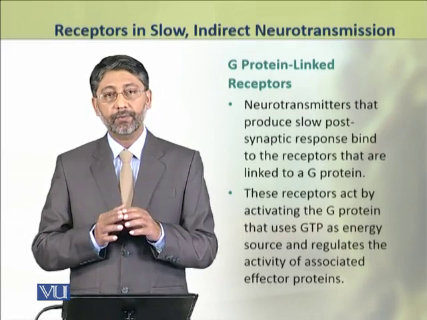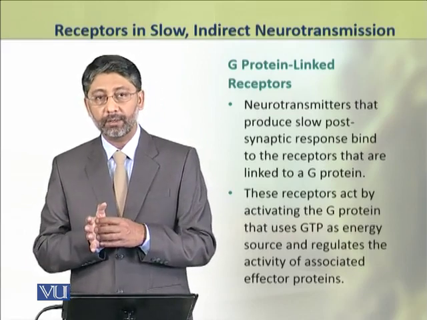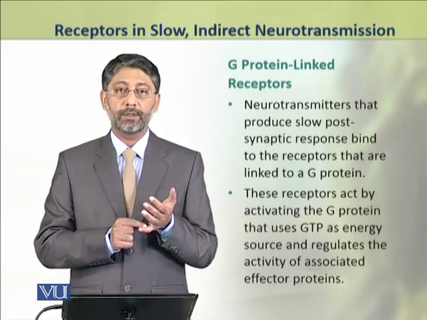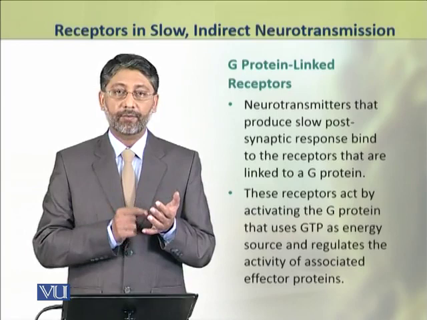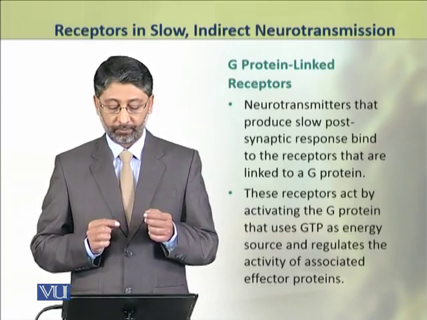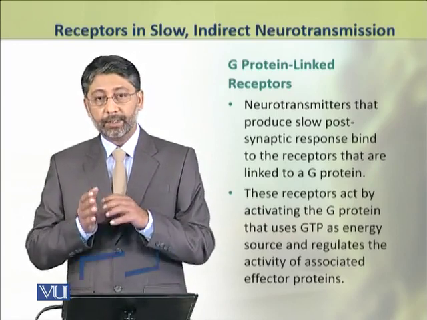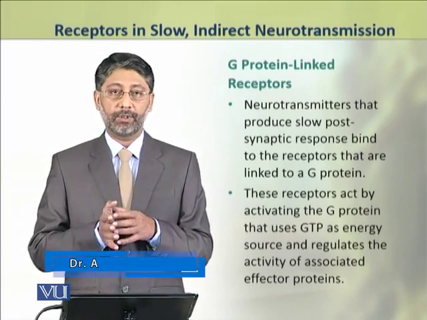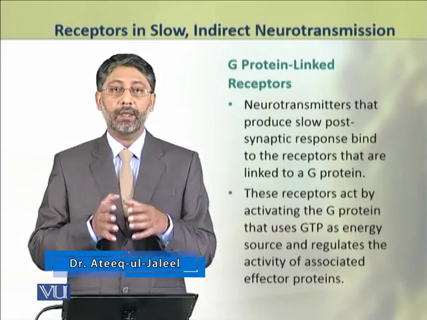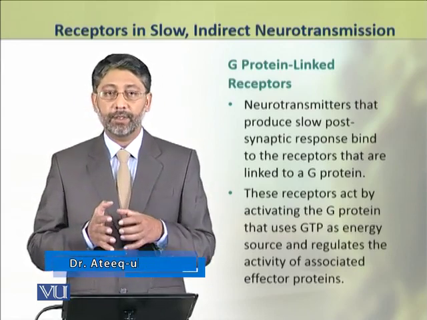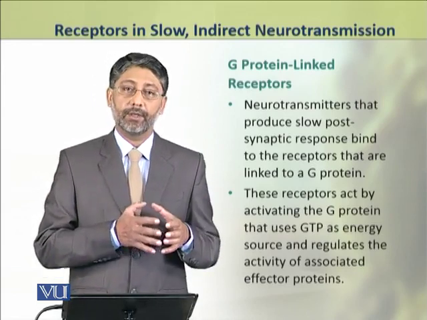These receptors act by activating the G protein that uses GTP as an energy source. This G protein is linked to the effector proteins and results in a cascade of enzyme reactions within the cell that generates the response.